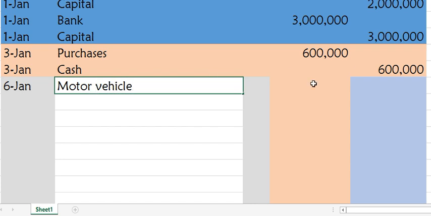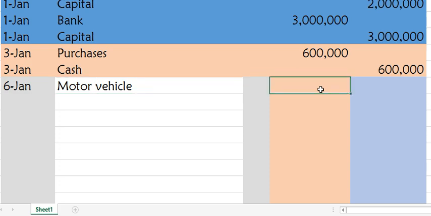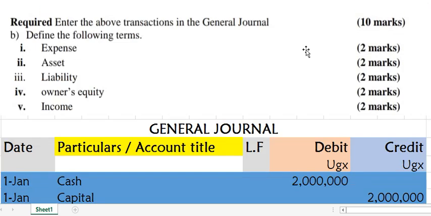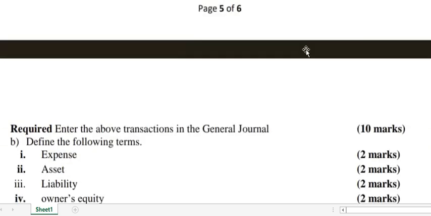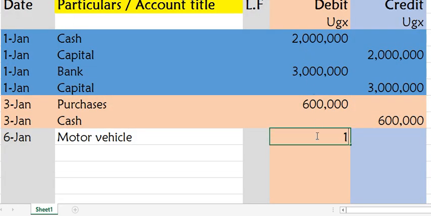Now I've told you motor vehicle is an asset of the business. So we have to debit the motor vehicle account because now the motor vehicle account is increased by 1.5 million.